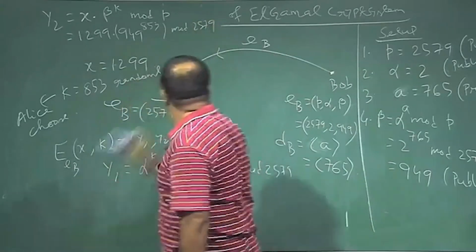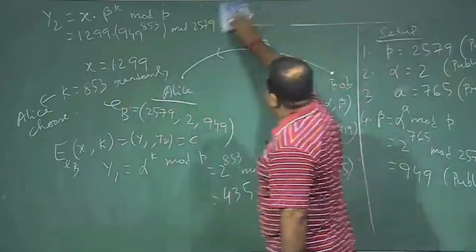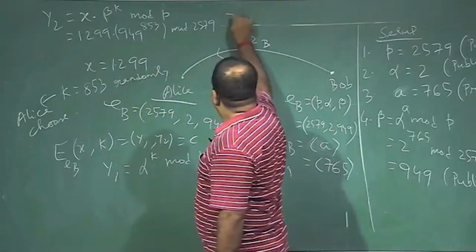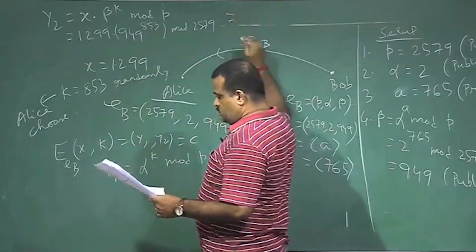So if we calculate this, we will be getting the value Y2 as 2396.